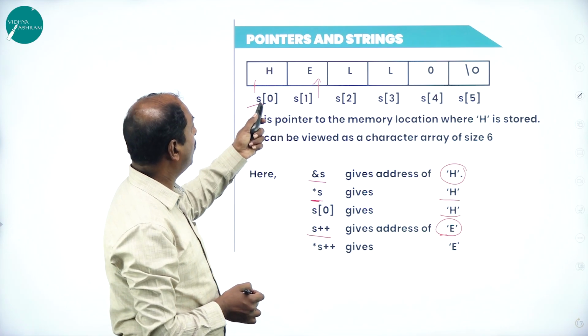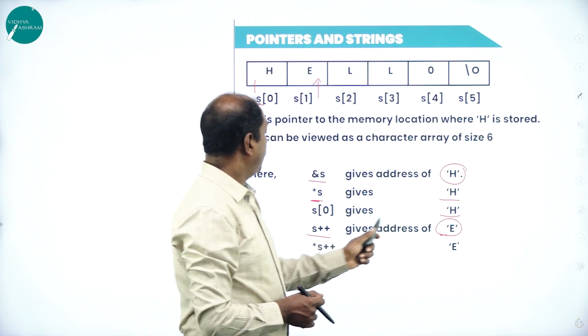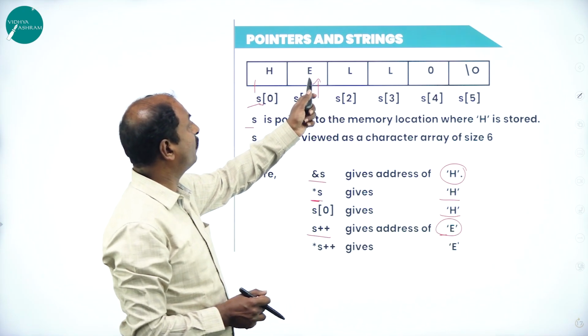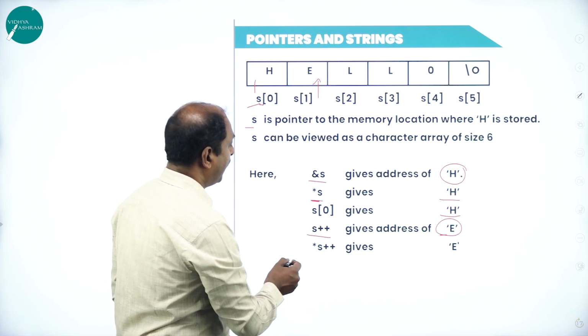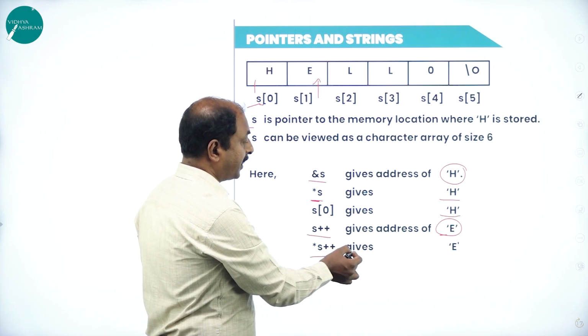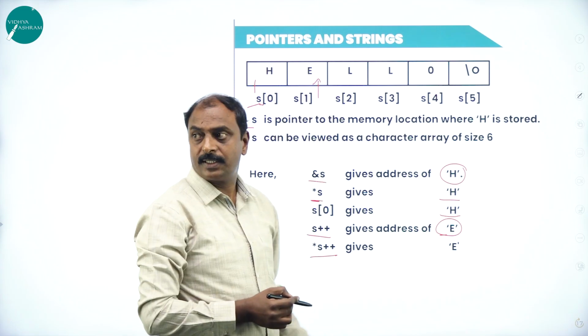After index 0, it goes to index 1. So S++ gives the address of the second index. Next, *S++, as I told you, star is the dereference operator. It gives the content or the value stored in the index S[1], that is E.